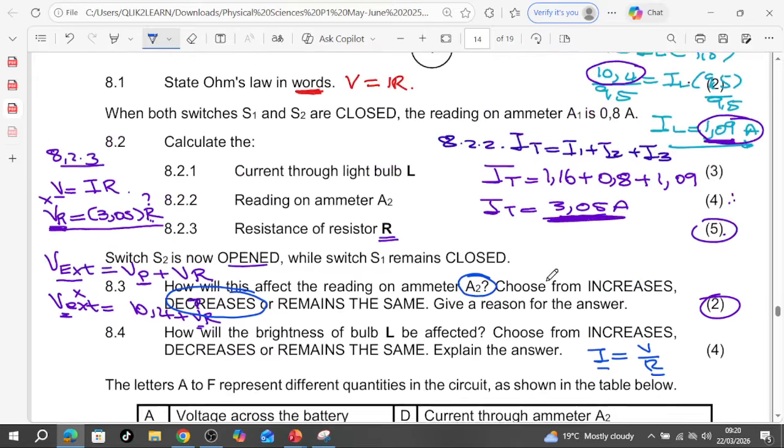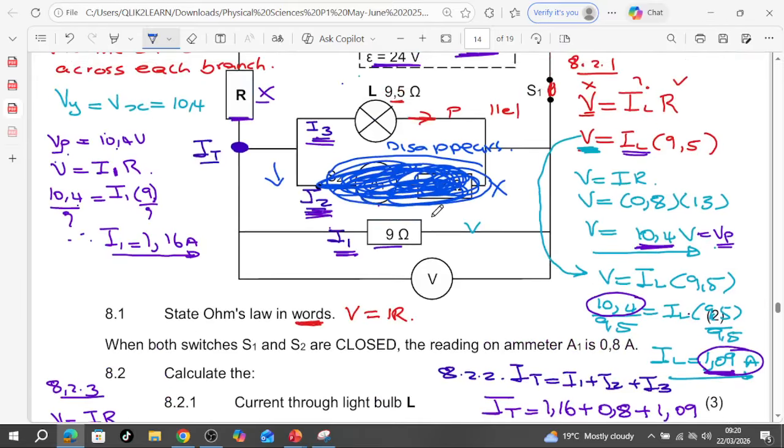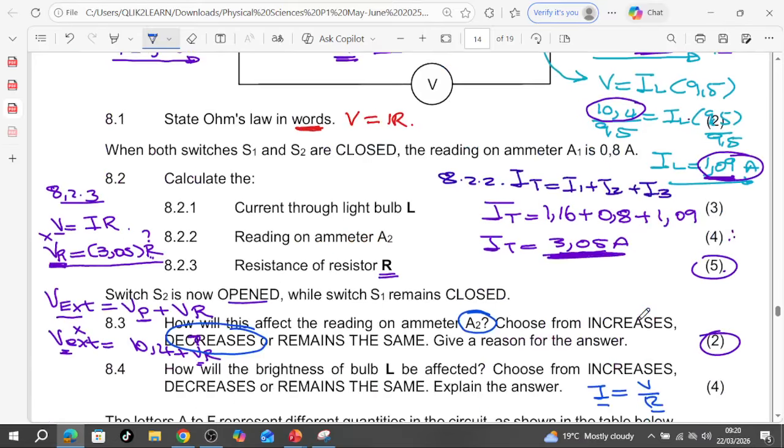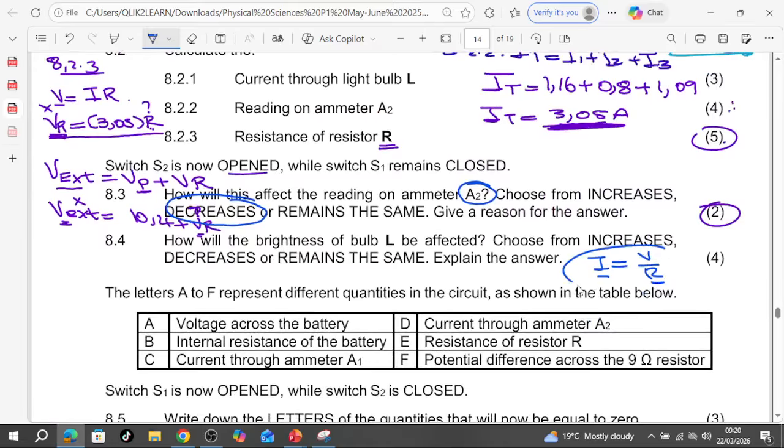Okay, let's try this again. We are removing a branch, and remember these branches are connected in parallel. The moment you remove one resistor, you are increasing the total resistance. So the resistance is increasing, so the total current decreases.